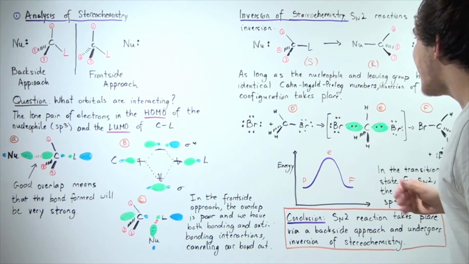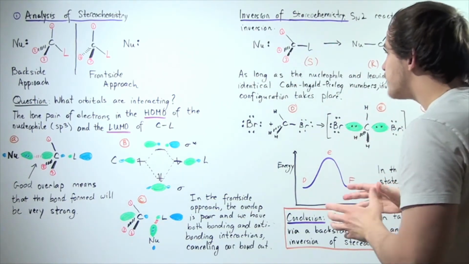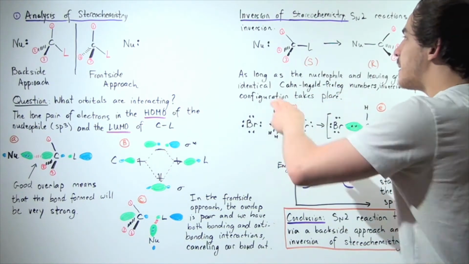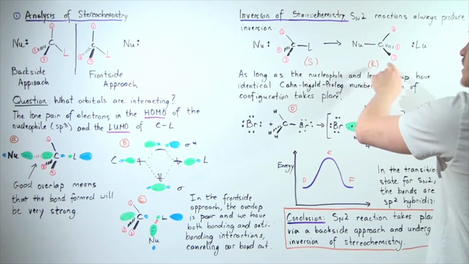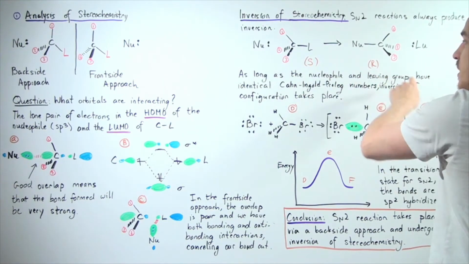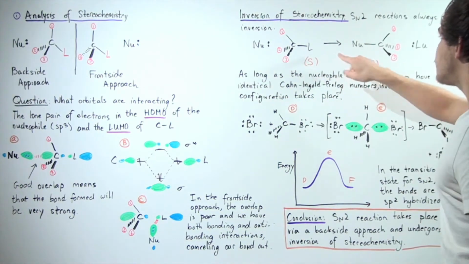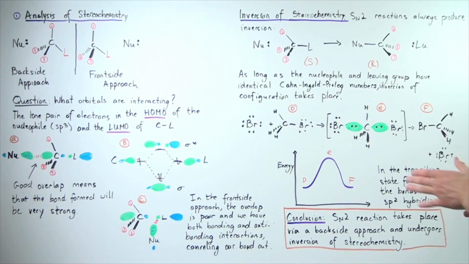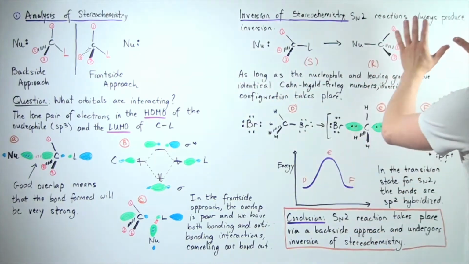Now, the reason I say that the nucleophile and leaving group must have the same Cahn-Ingold-Prelog priority numbers is that sometimes when these are different, we can still have an S to an S and an R to an R. But if they are the same, that means we will always go from S to R and from R to S.